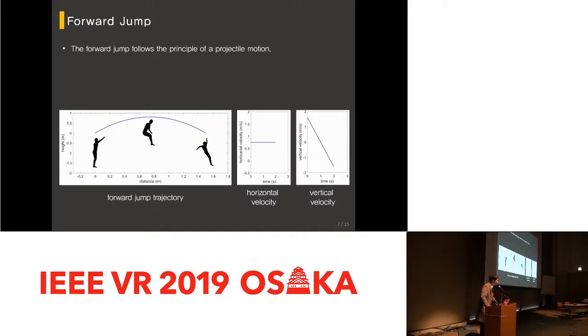In contrast, the vertical velocity decreases linearly due to gravity. The forward jump trajectory is described in terms of height and distance, and the trajectory's height is determined only by the initial vertical velocity, whereas the distance is determined by both the horizontal and vertical velocities.